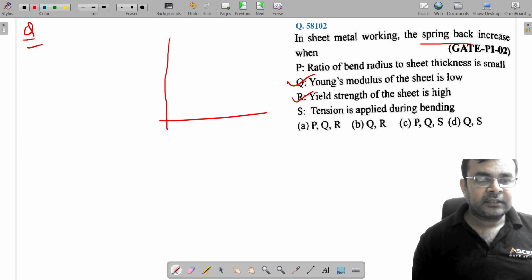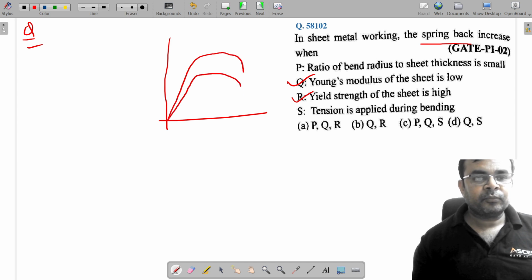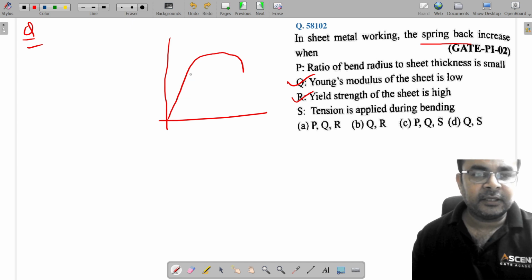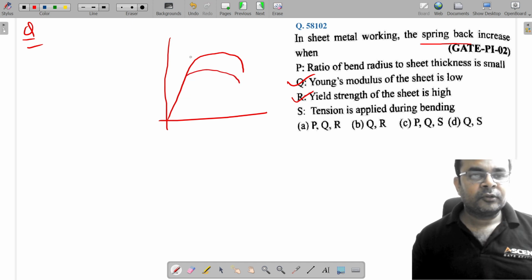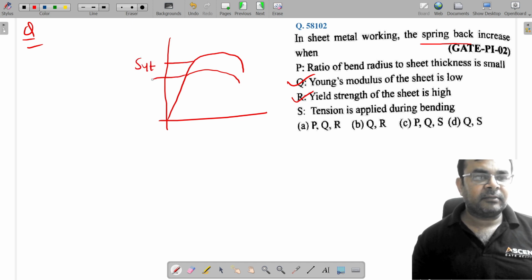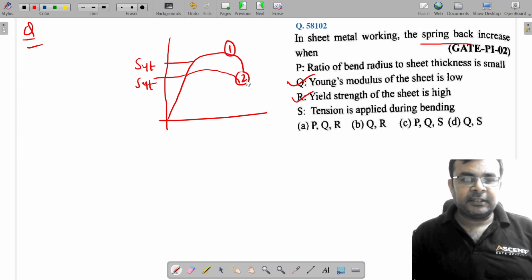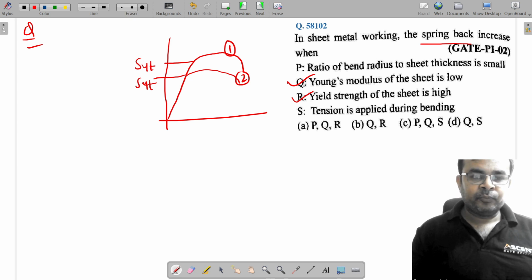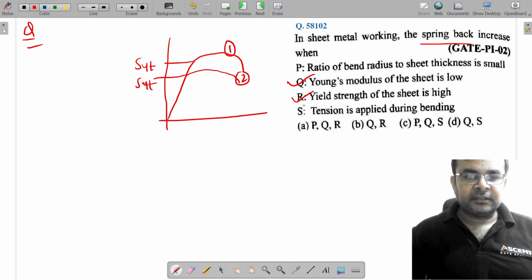Yes or no? Let's say you have this material and this material, correct? Then if I compare both the materials, in this material we have this S by T and in this we have S by T. Obviously the first case will store more strain energy up to the elastic limit as compared to the second. So Q and R both are the right answer.